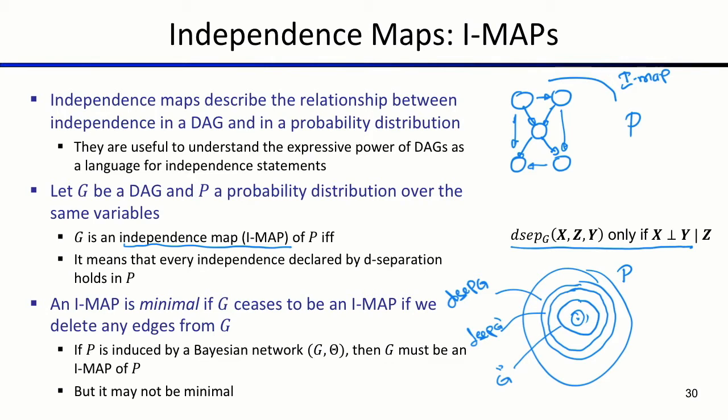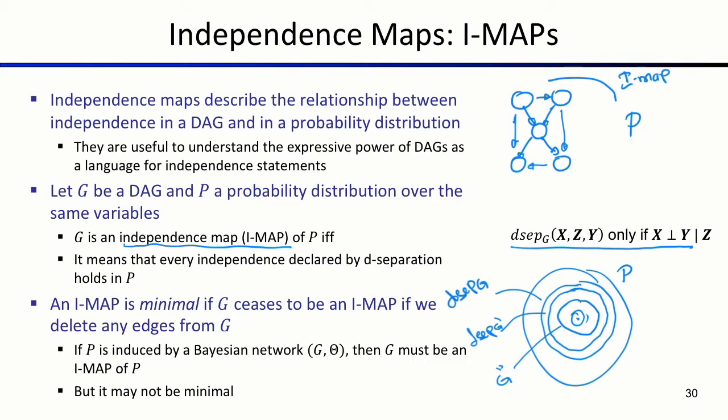But this empty set is still a subset of the independencies in P. So basically what we're saying is that this idea of IMAP is interesting, but there are many graphs that are IMAPs for a given probability distribution P, and some of these graphs are very complex. But we know that complex graphs are also inefficient.